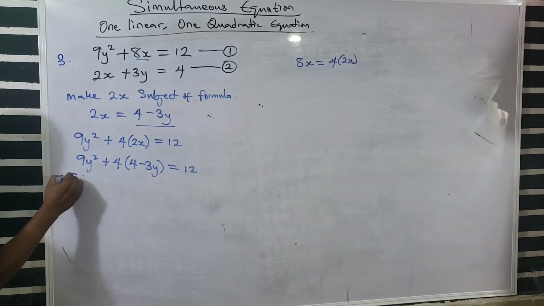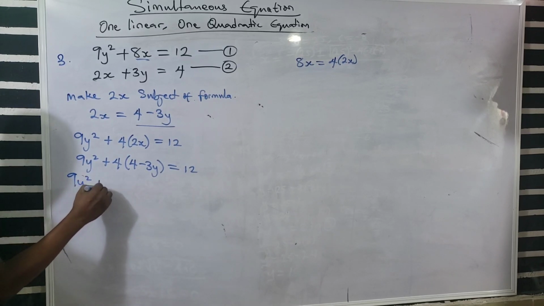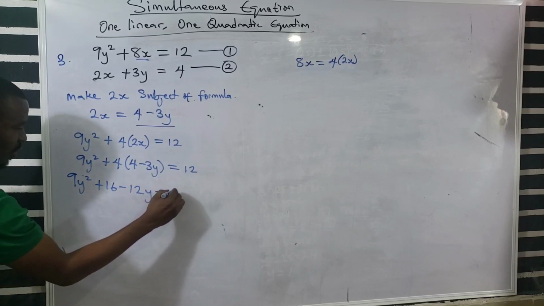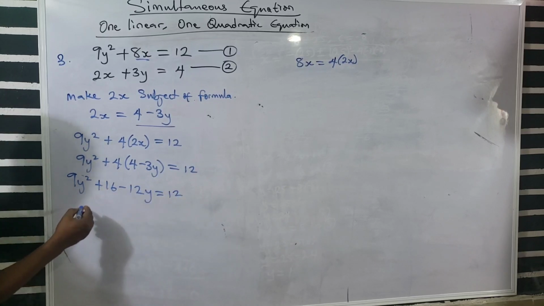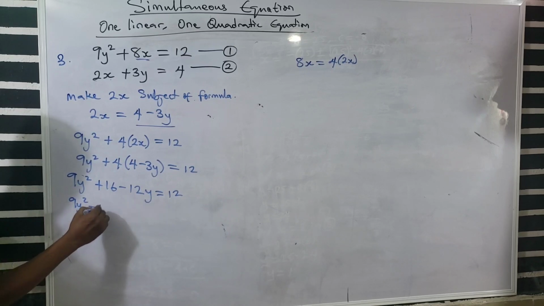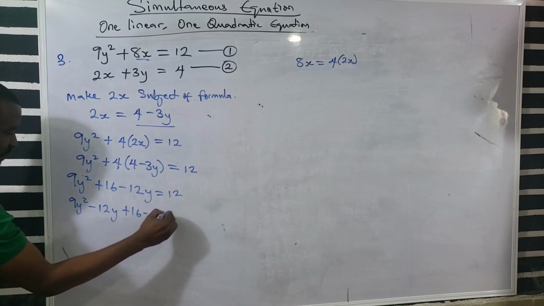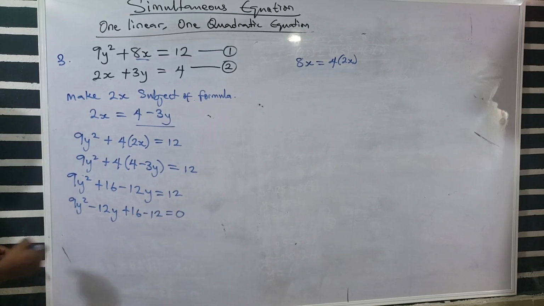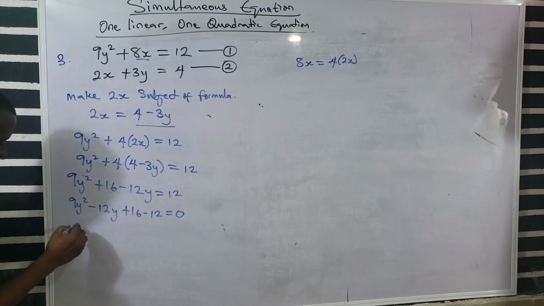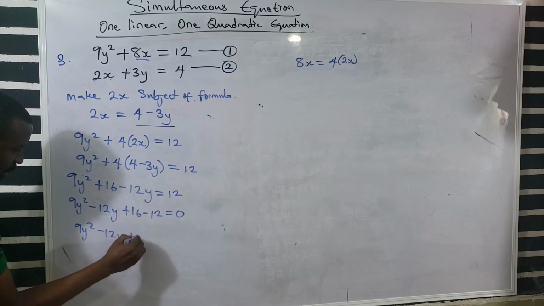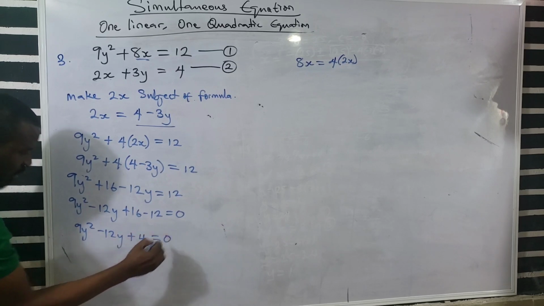So you can see we have gotten our, when you open this bracket, you will get your quadratic equation. So this will give you 9y squared plus 16 minus 12y equal to 12. So bring this in, you have 9y squared minus 12y plus 16 minus 12 equal to 0. So when you simplify this constant here, you have 9y squared minus 12y plus 4 equal to what? 0.